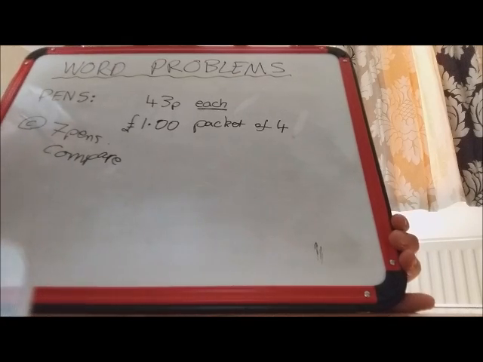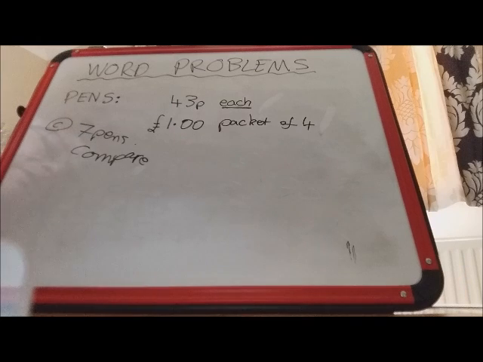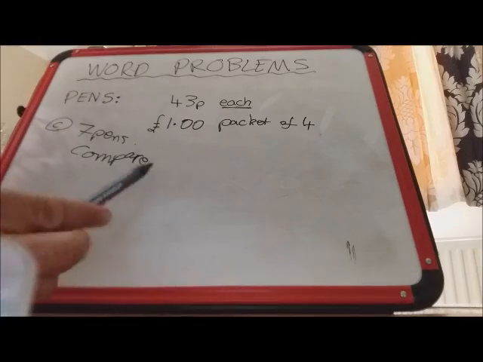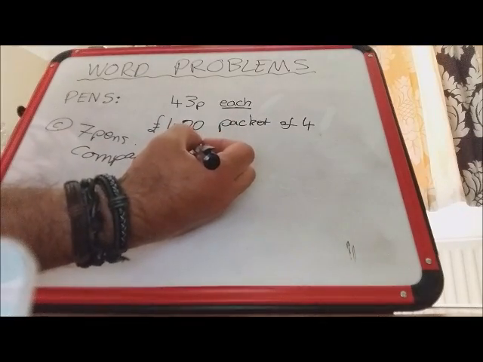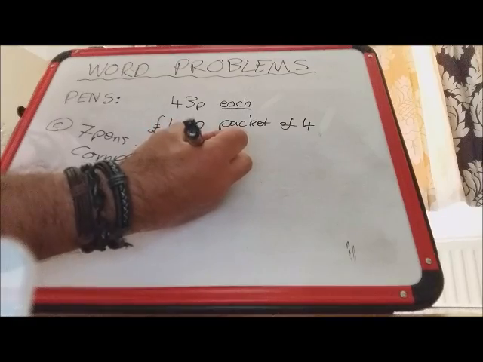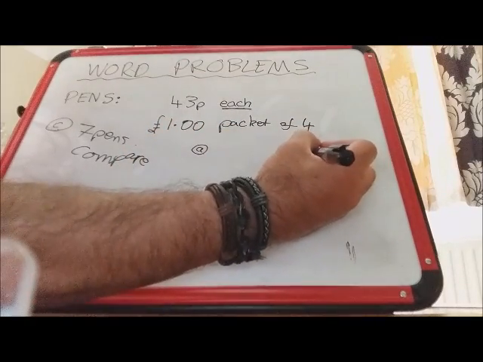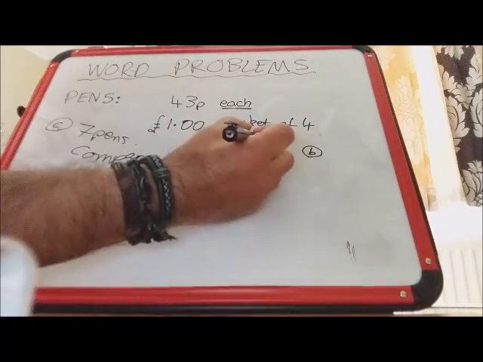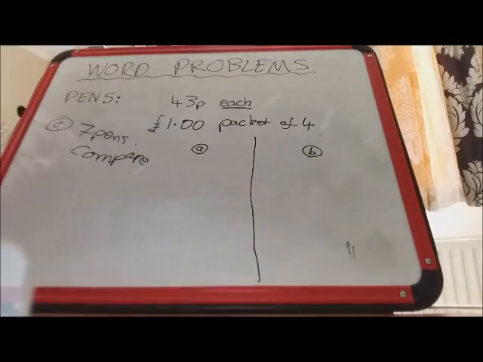So you've got to look at the 2 different ways and then see how much the difference is. Let's call them method A and method B, and we'll draw a line between the 2 so that we don't get confused.